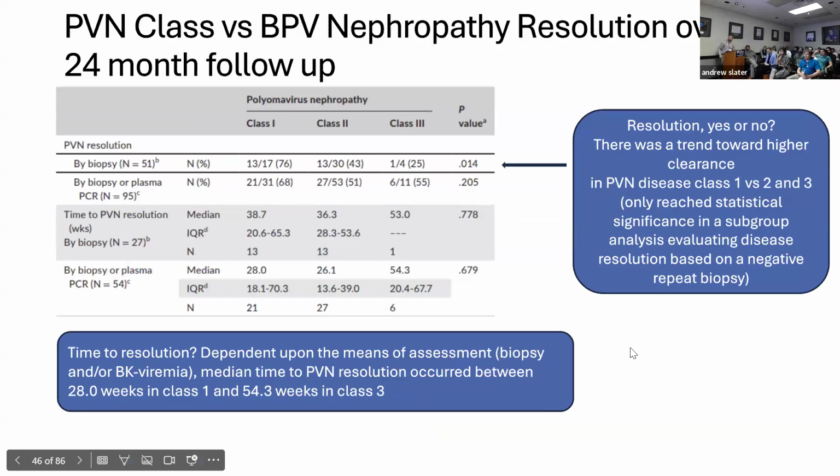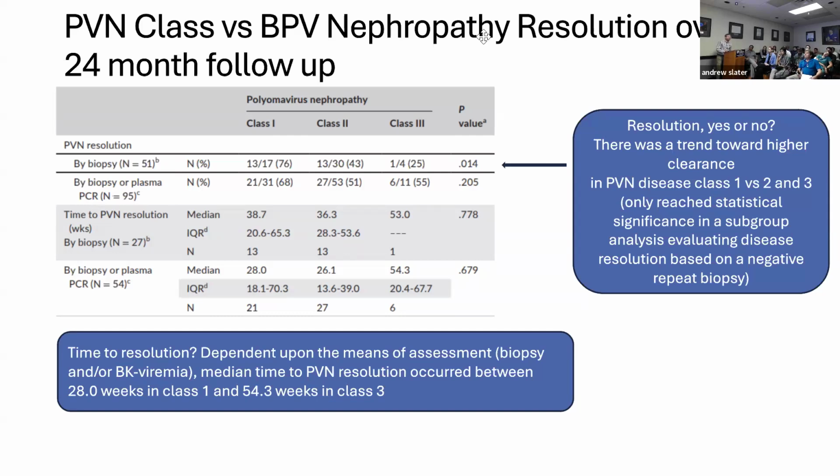So what about polyomavirus nephropathy class versus polyomavirus nephropathy resolution over a 24-month follow-up? Resolution, yes or no? There was a trend toward higher recurrence of disease in class 1 versus 2 and 3. Now, this only reached statistical significance in subgroup analysis evaluating disease resolution based on a negative repeat biopsy.